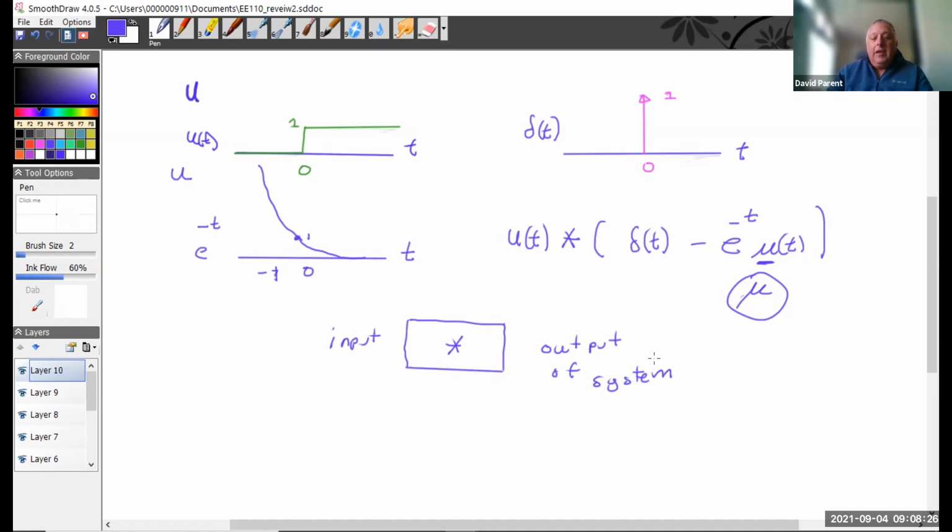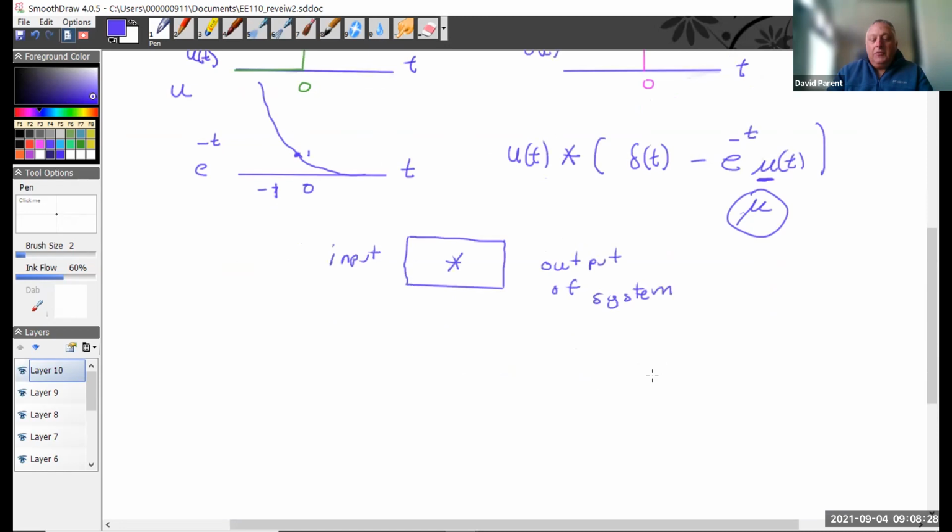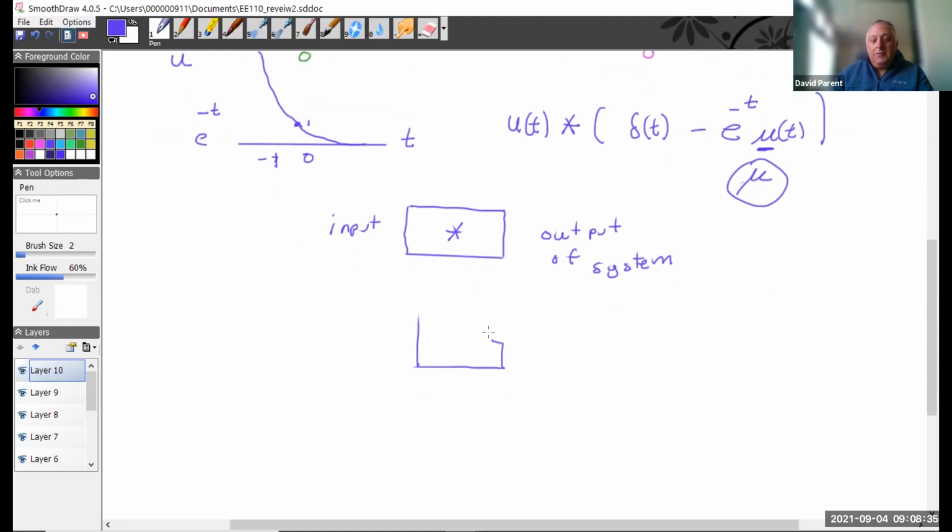And we already kind of know, or you might have seen, that if this system is e to the minus t u(t), that's describing the system.